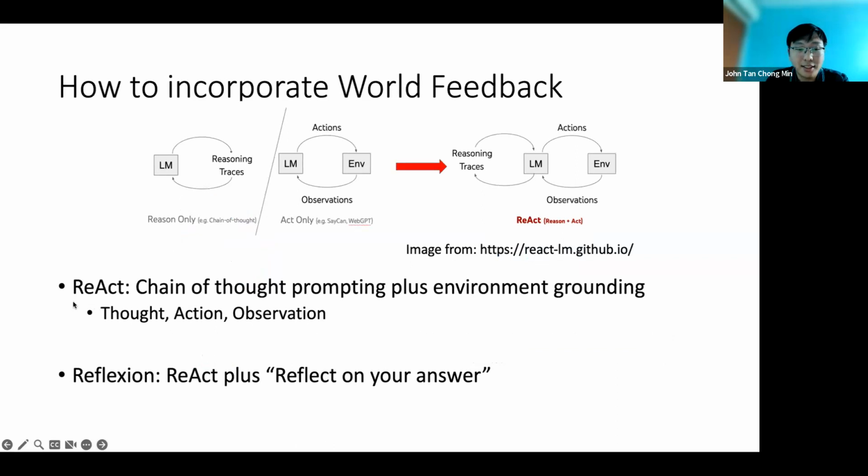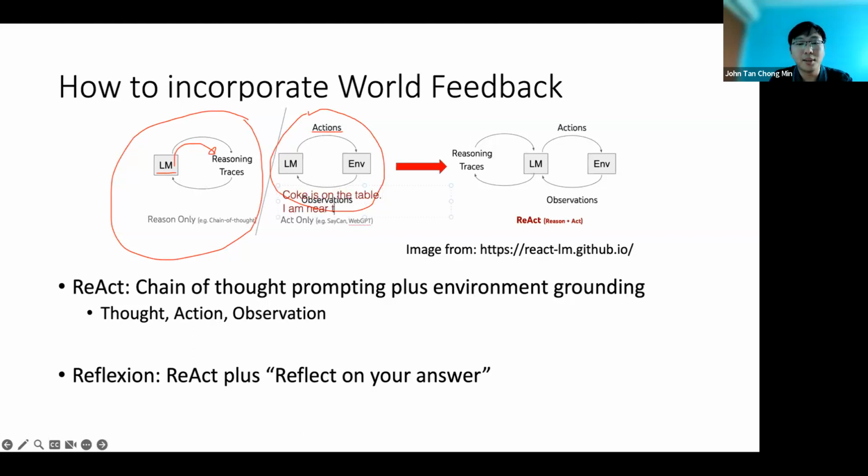But the idea is, if you look over here, this is chain of thought. You ask the large language model to think step by step. Then it will think in terms of step 1, do this, step 2, do that. Then, if you need to take actions, you can ask the LLM, this is the current context: the coke is on the table, I am near the table.